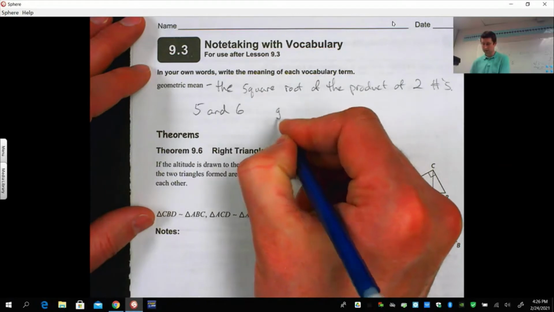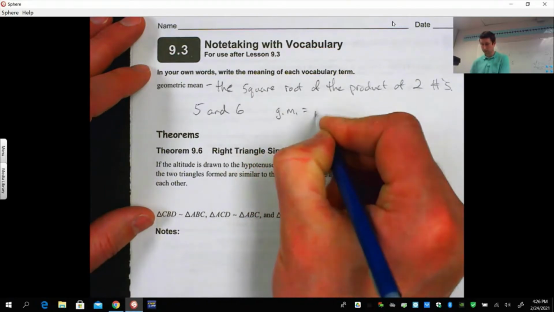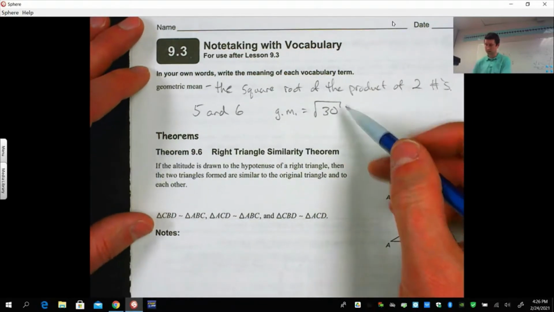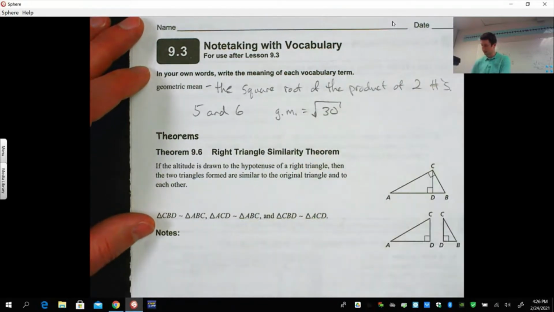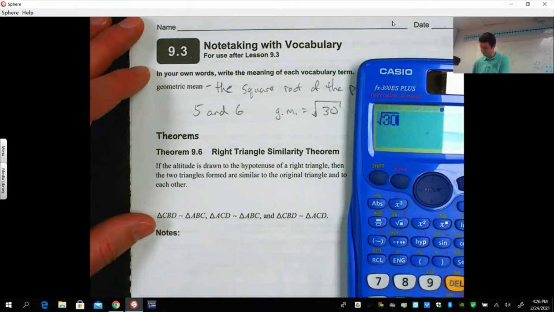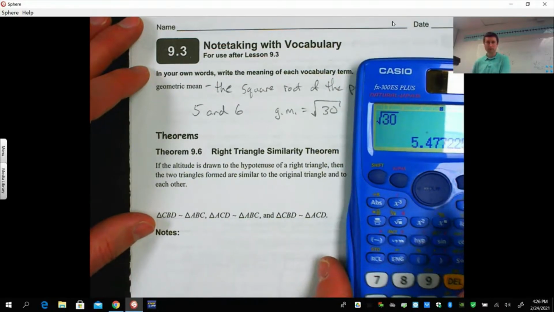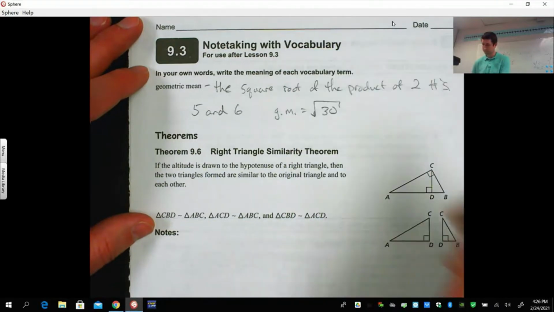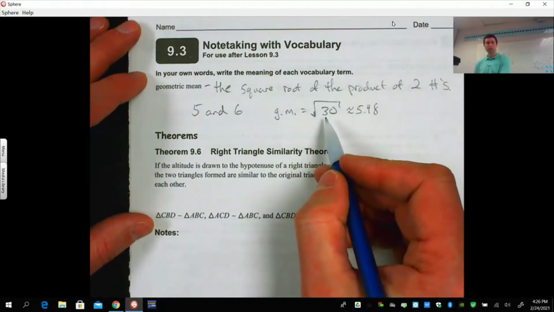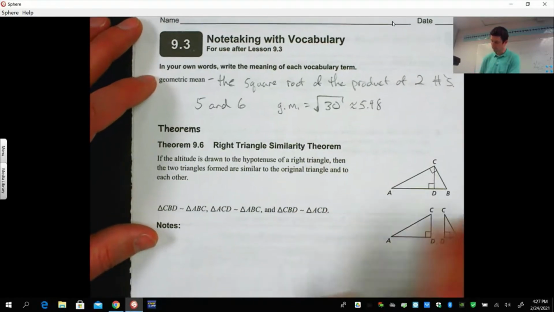The geometric mean would equal the square root of 30. If we can't simplify that, we would if we could. You can get the decimal answer, about 5.47. Those answers can be provided either as a square root or as a decimal, depending on what they want there.